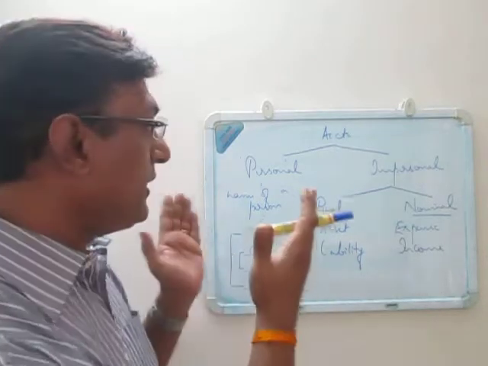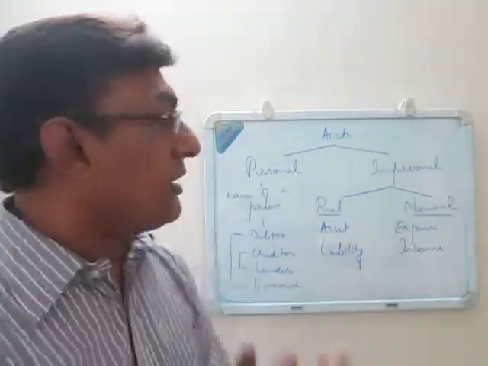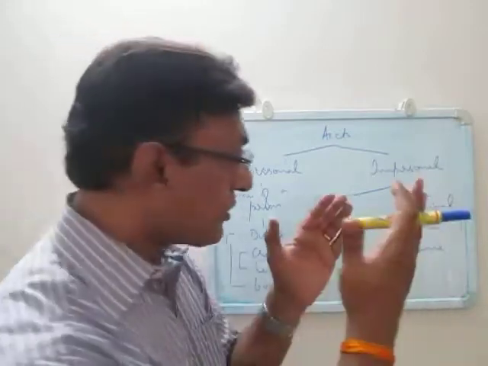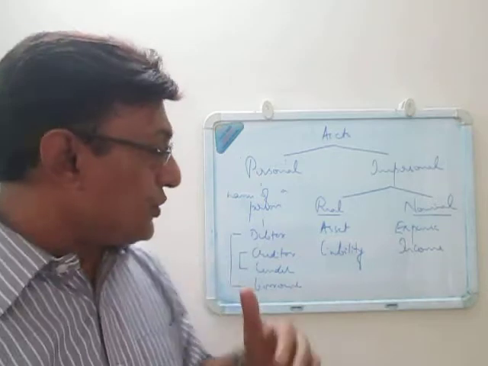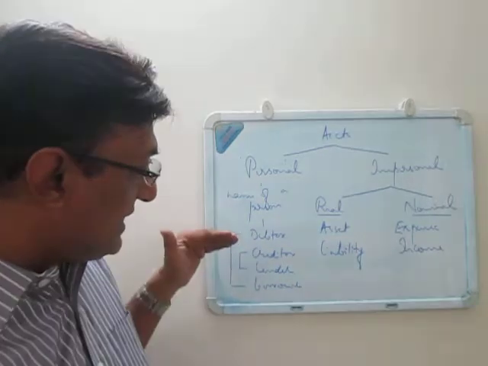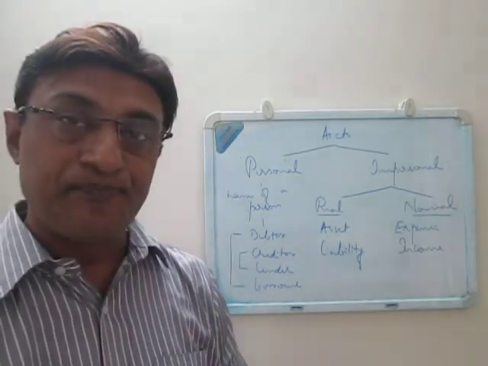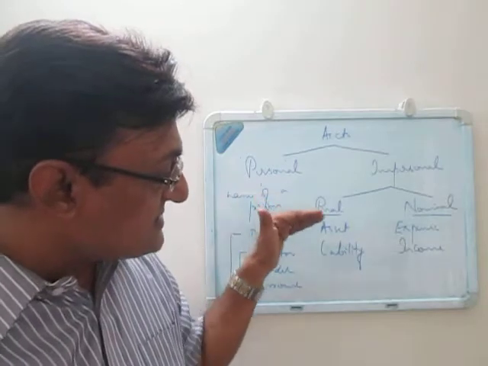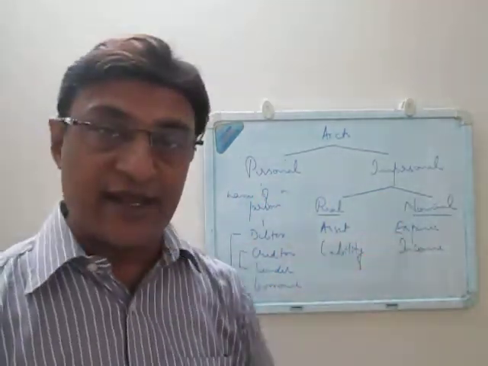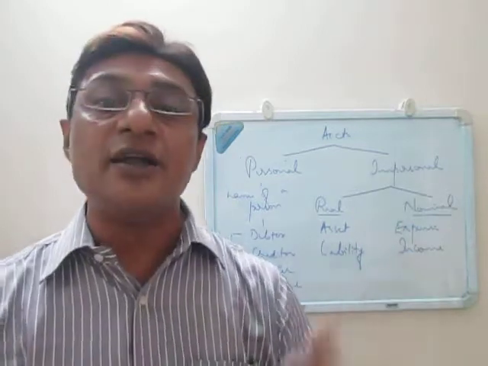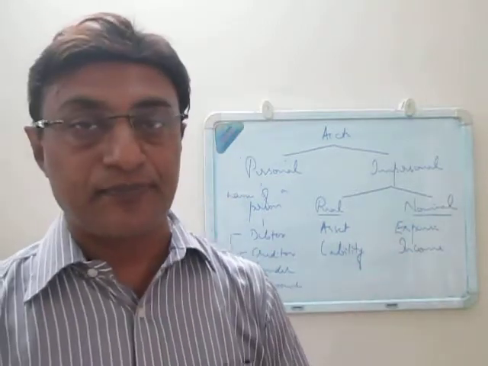An account could be personal, real, or nominal. So here you have the debtors, the creditors, the lenders, the borrowers. Here you have the assets, the liabilities. Here you have the expenses and the incomes. There can't be anything else.